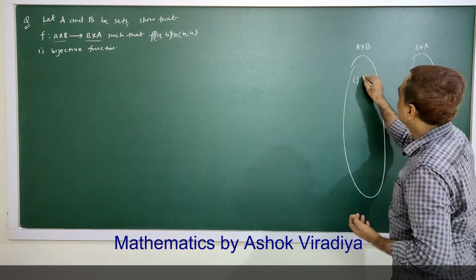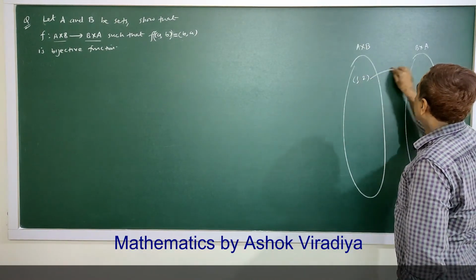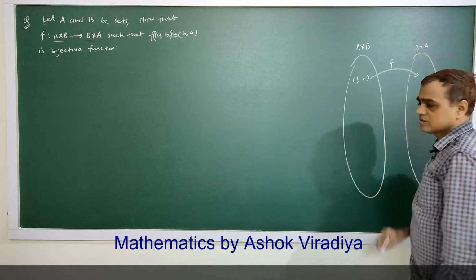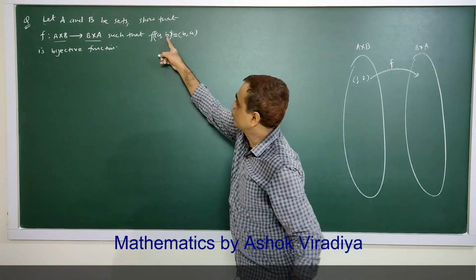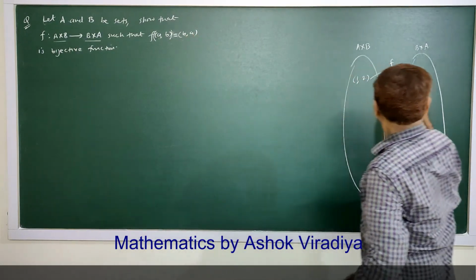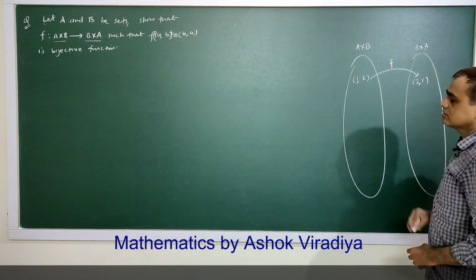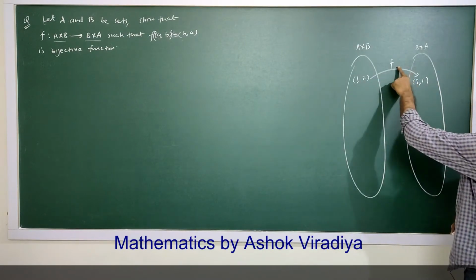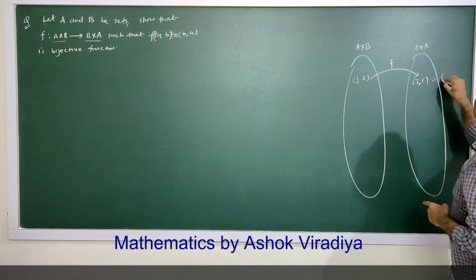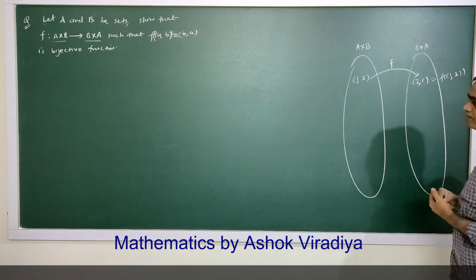This means if you keep (1, 2) in this machine, f of (1, 2) is (2, 1). This is the image of (1, 2).